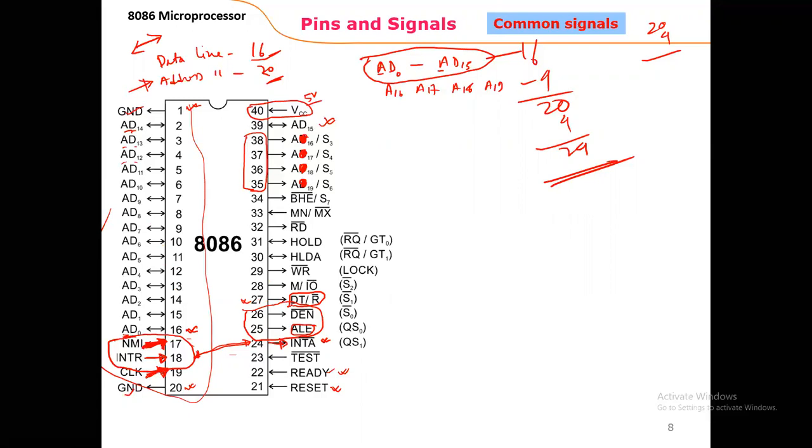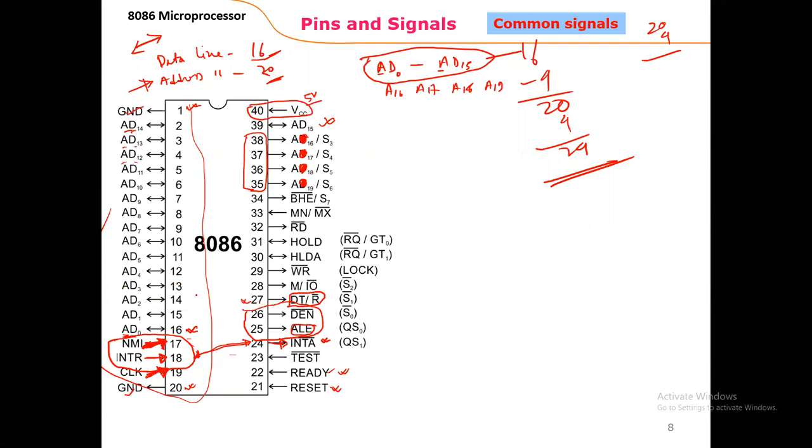When pin 27 is low, then data receive is active. If pin 27 is high, then data transmit. If pin 27 is low, then data receive. All are clear?